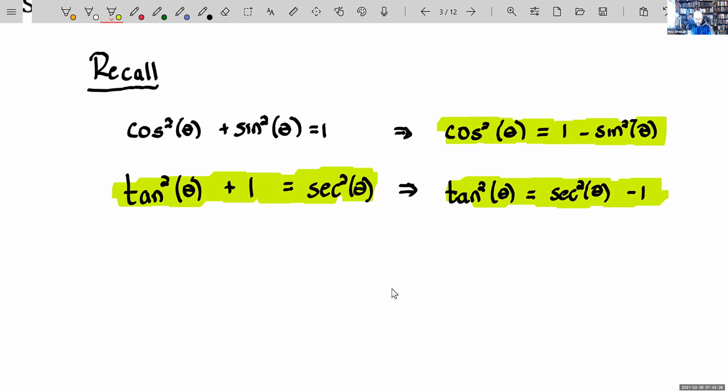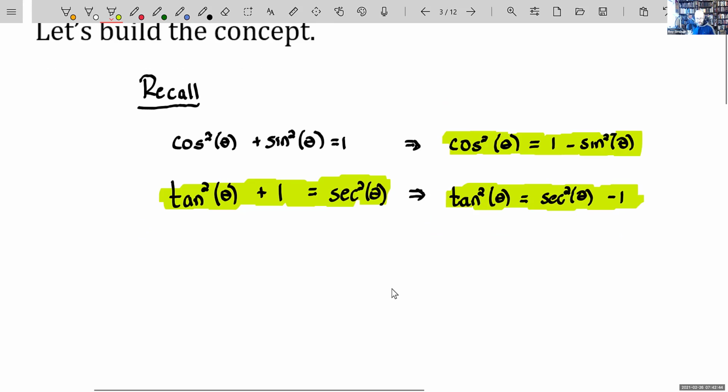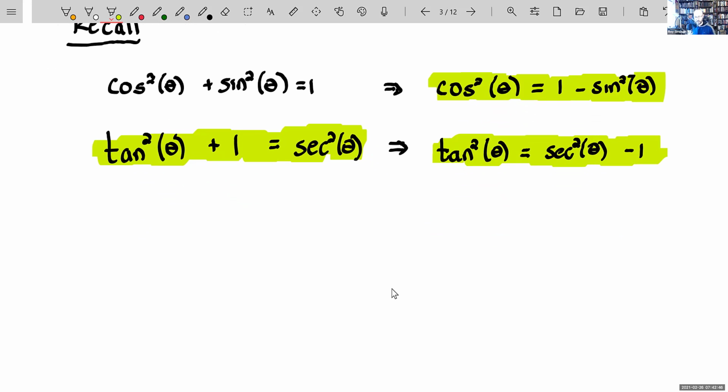These three identities, technically there's only 2 there, but those 3 versions are the ones we're going to focus on. Because what we're going to look at is when you have a sum or a difference of squares in your integral, you're going to trade them out for trig functions.